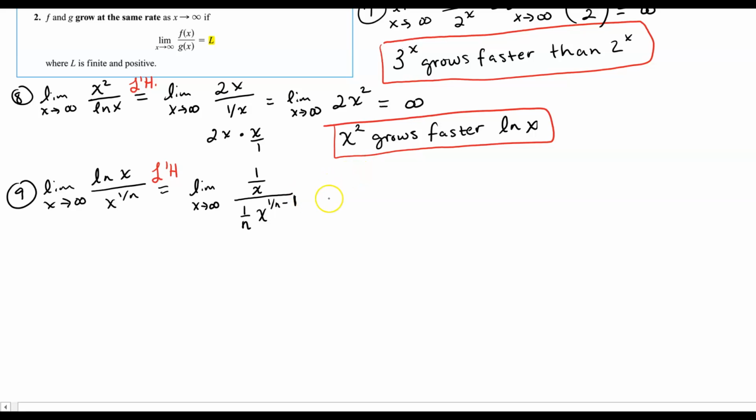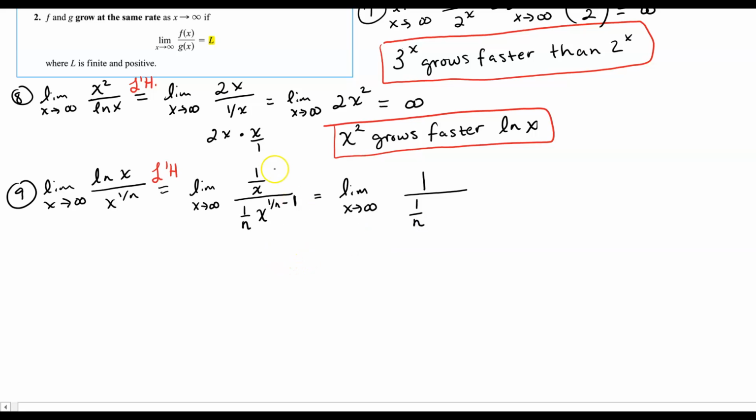What does that look like? Well, we can simplify this with a little bit of algebra. We end up with 1 over n.